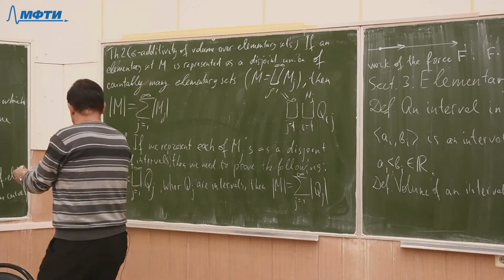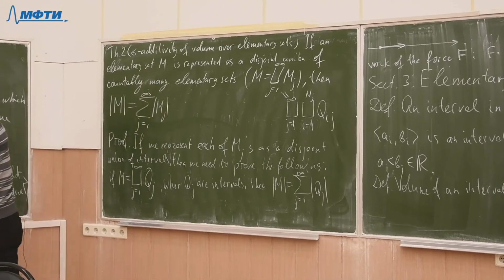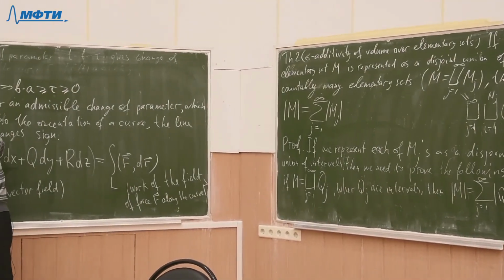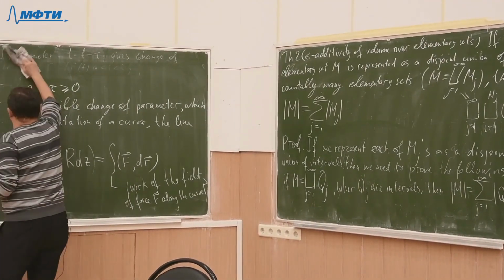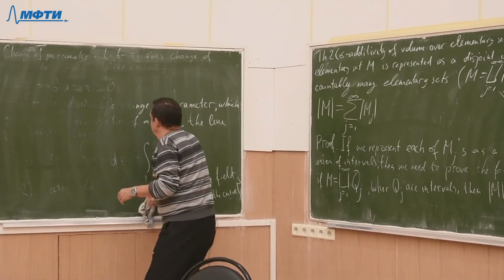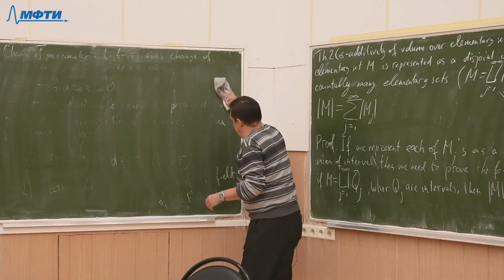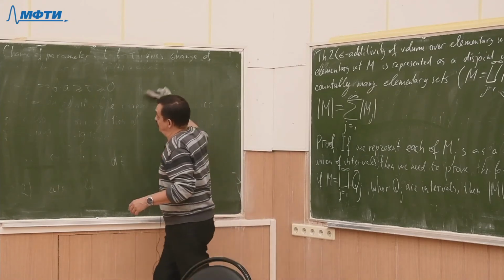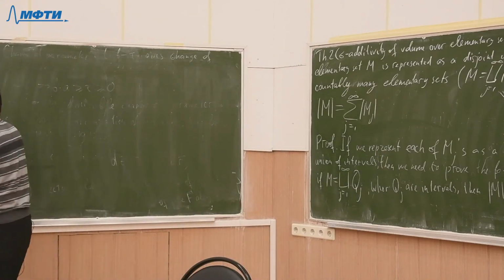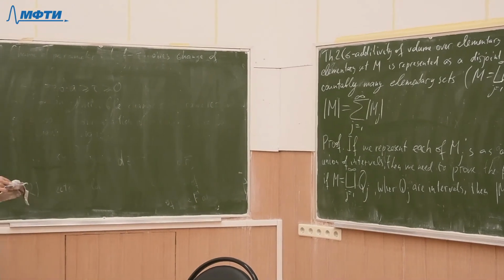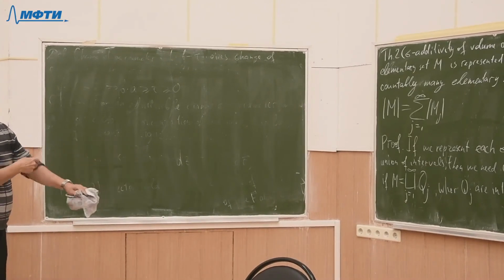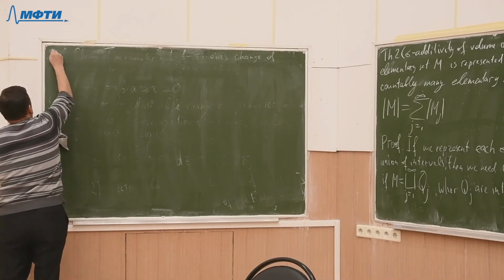Now I need to give extra definitions. Those definitions are given only for this proof. I don't plan to use them in future after that proof, so that is why I give them inside the proof. So, definition 1.